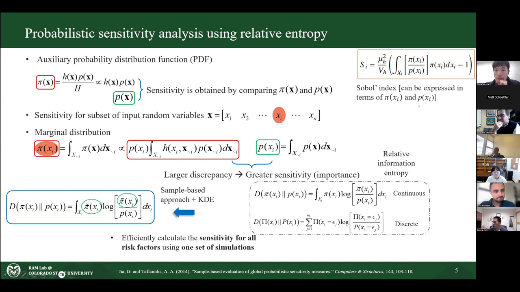We have shown that the first order Sobol index can actually be expressed in terms of these two distributions that I mentioned, the pi of x and p of x, right? So in other words, they are related. You can think of them as just different measures of the sensitivity.